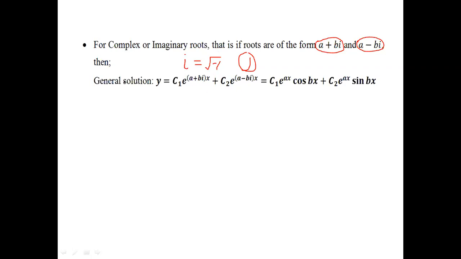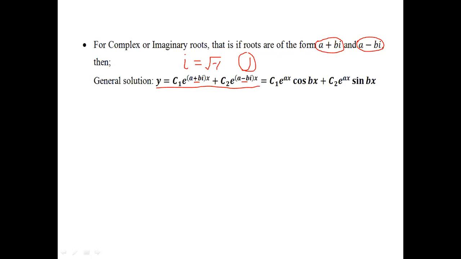Okay, so now when faced with a characteristic equation that yields complex or imaginary roots, the general solution is given by y equals C1 e^((a+bi)x) plus C2 e^((a-bi)x). You've seen that the superscript complex numbers are conjugates of each other.